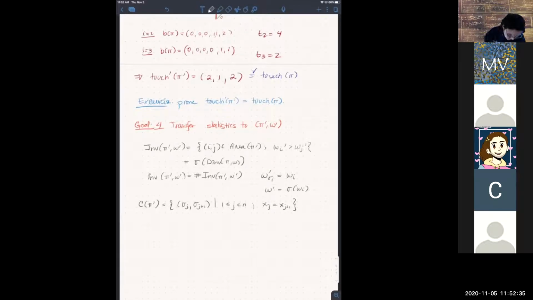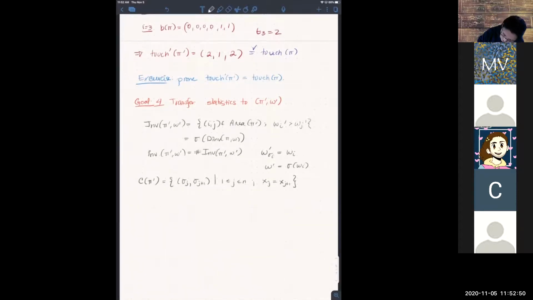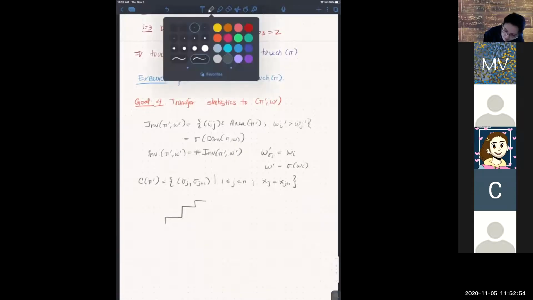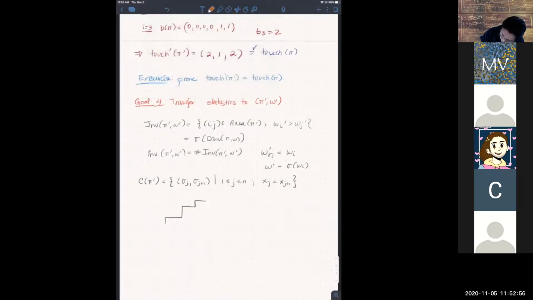So let's see if I have a nice example. It doesn't matter. The corners are pretty self-explanatory in the sense that if you have a Dyck path, let's say something like this, and imagine it's square, the corners are just going to be these boxes. They're the boxes of exactly what you would think a corner is.